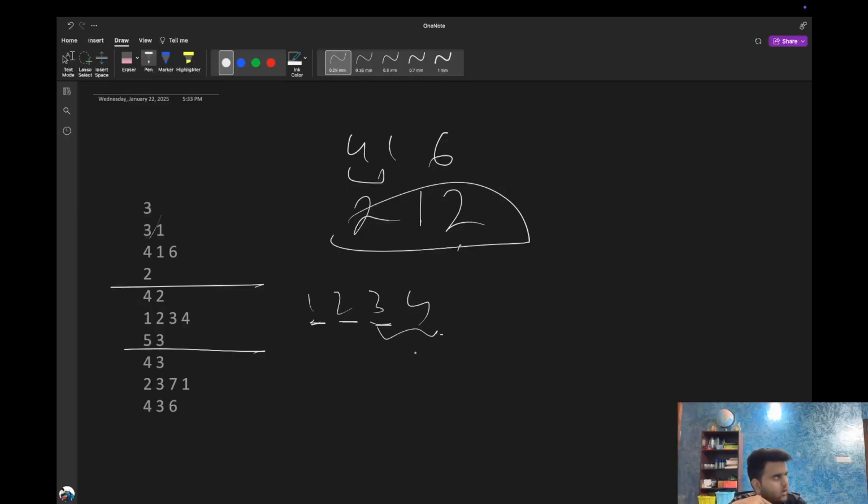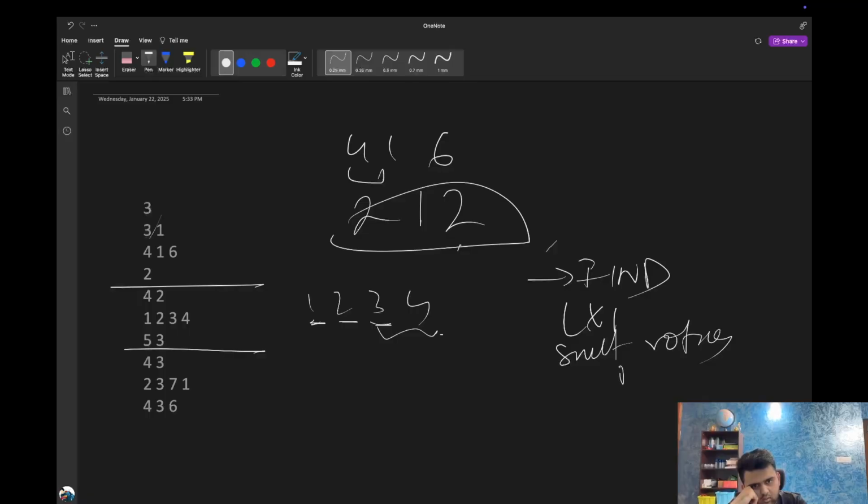If yes, then okay. First, I'll have to find the lexicographically smallest rotation of B. So this is 3 5, and this is 3 6 4. So it's unique.